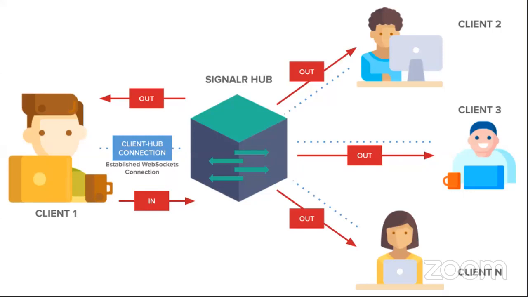So through WebSockets it establishes a connection and pushes the messages, updates, alerts, and everything. This is what Blazor is using to establish the connection between the server and client, so that any event fired on the browser will be sent to the server, and the server will process it, and immediately it will push the updated information to the browser.